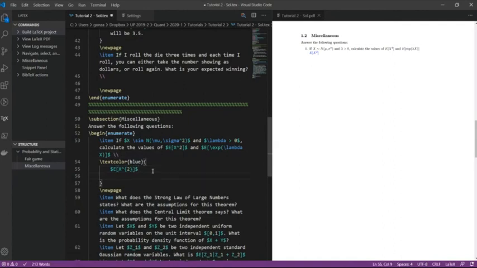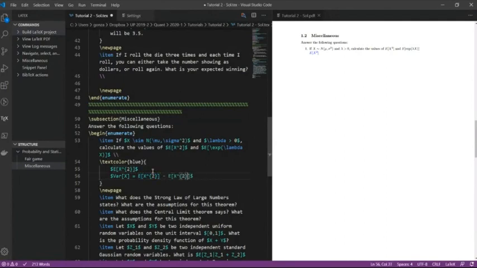The variance formula is something like this: the variance of x is equal to this, minus something very similar to this.